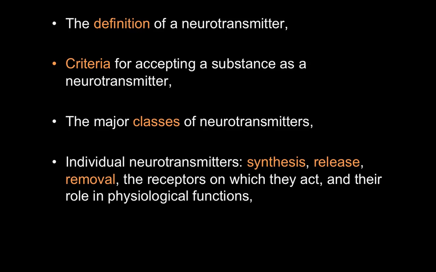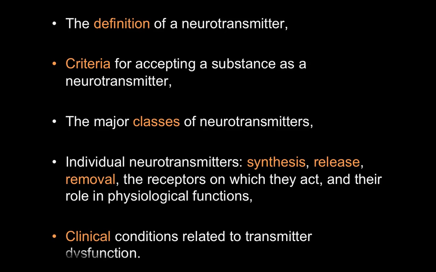We're going to be looking at those 3 individual neurotransmitters and how they are synthesized, how they are released, and how they are removed. Then the receptors on which they act and their role in physiological functions. Actually, we won't be looking at receptors so much today. We're going to leave that as a separate podcast. And finally, we'll discuss the clinical conditions related to transmitter dysfunction.